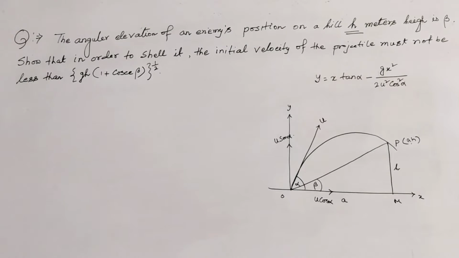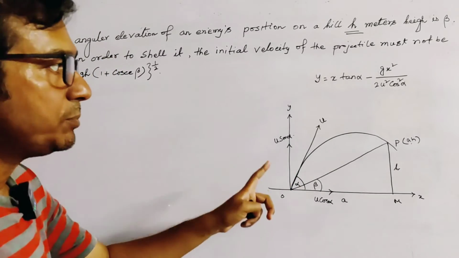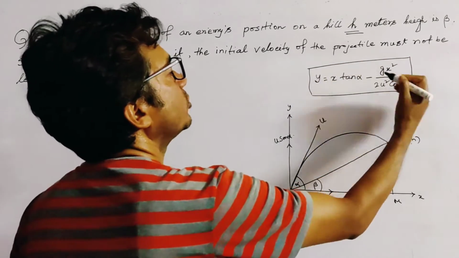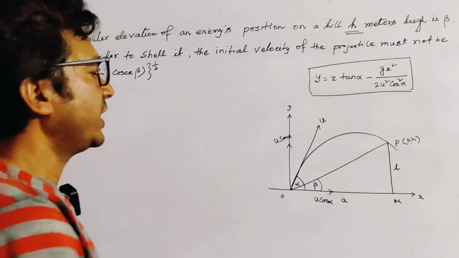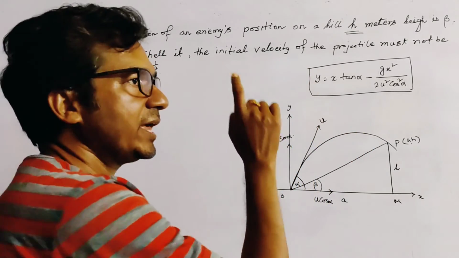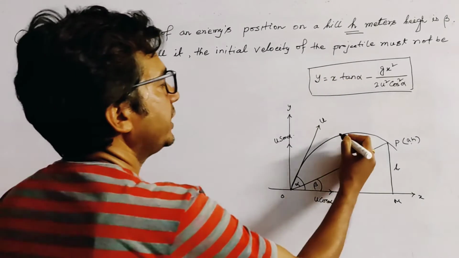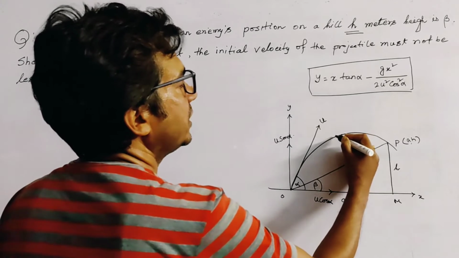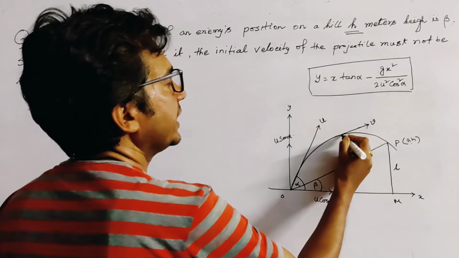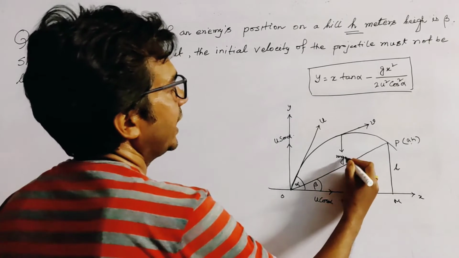We know the equation of the path of the projectile with angle of projection alpha, at any point (x, y), is given by this. At any general point the velocity is v, and the only force is mg in the downward direction.